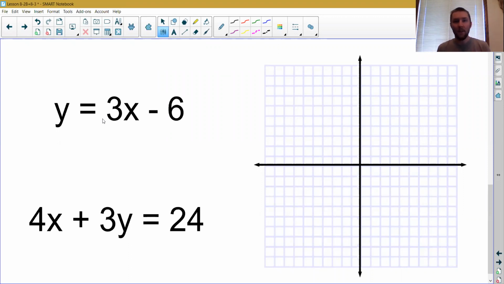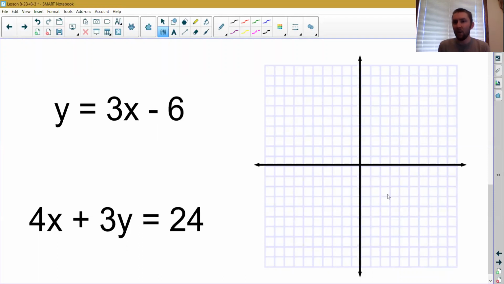The thing to remember is that when the graph crosses the y-axis, the point where it crosses is somewhere on this y-axis. And at any of those points, the x value must be 0, because I'm not to the left or right at all. I'm right down the middle of the graph.